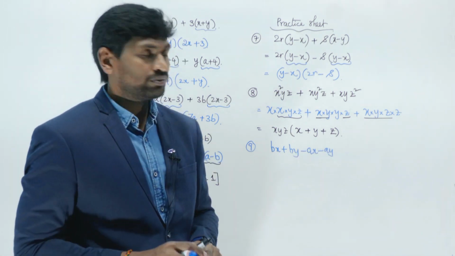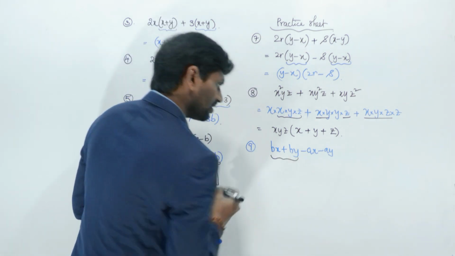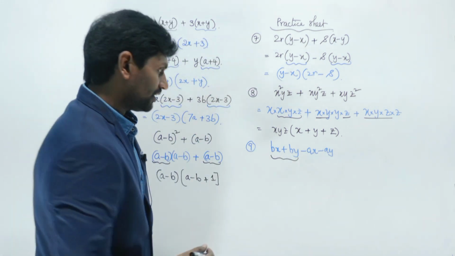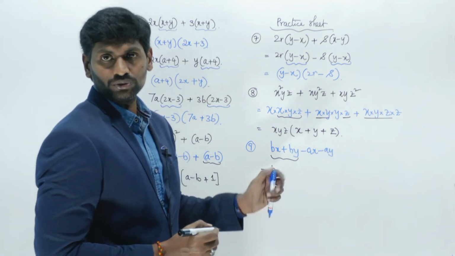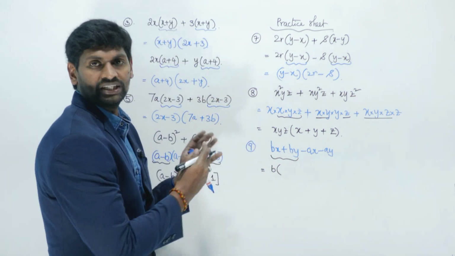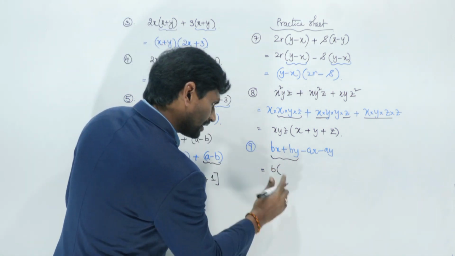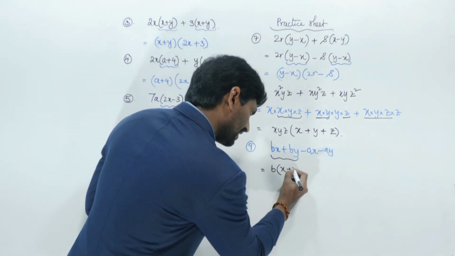So what do we do? From the first 2 terms, what is the common factor? B. B is the common factor from the first 2 terms. If I take b as a common factor, from the first term what is remaining? X. From the second term, plus y is remaining.